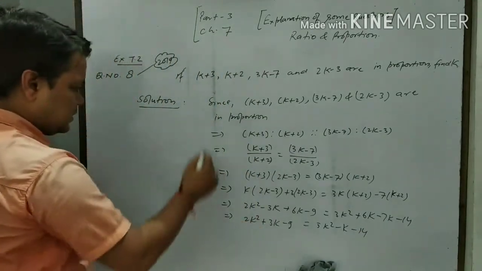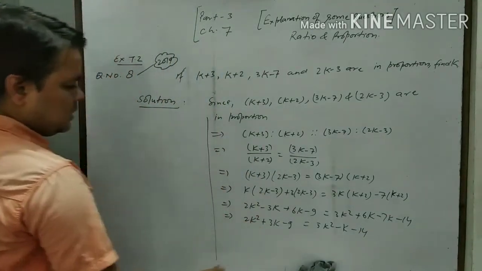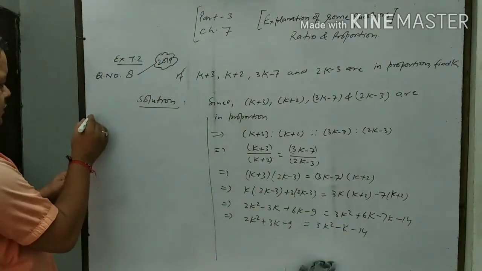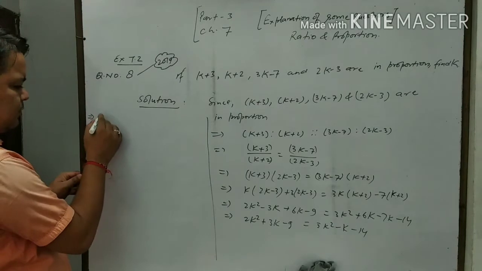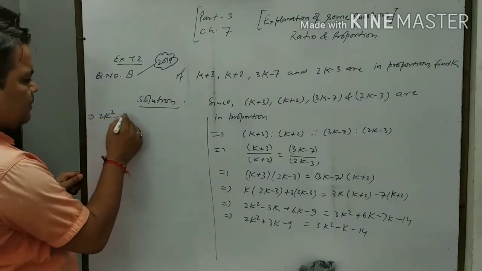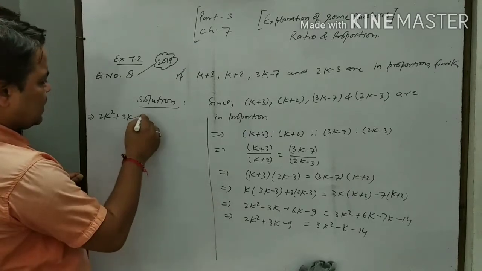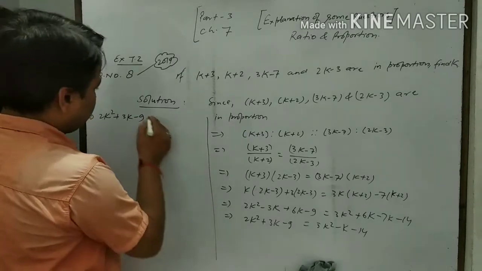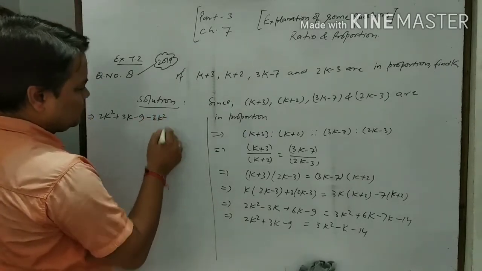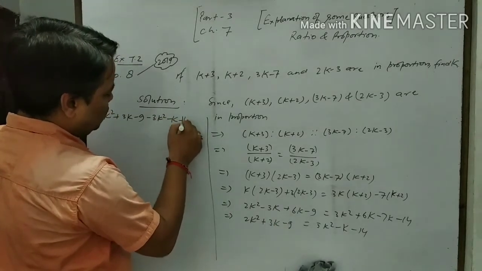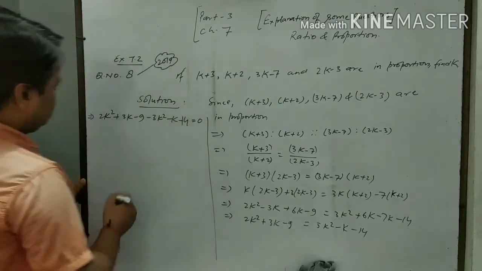Okay, the next part, let us see. Take this portion to the left hand side, then it will take this form: 2k square plus 3k minus 9 minus 3k square minus k minus 14 is equal to 0.